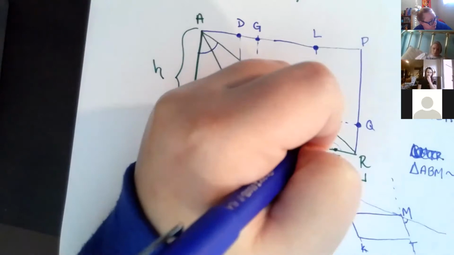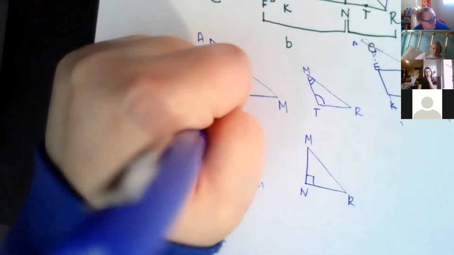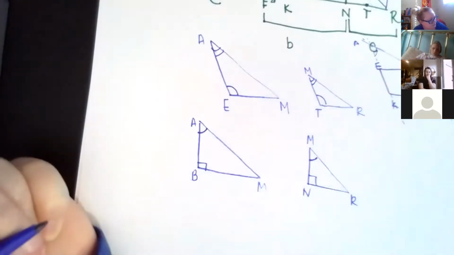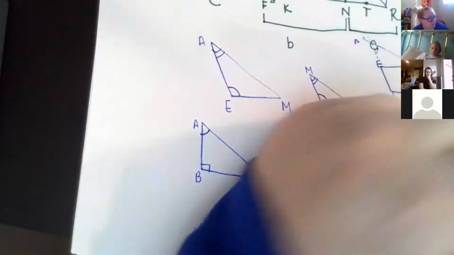And then this angle here. That's what we're trying to show, right? But isn't AC parallel to LN, so it'd be the same? Same thing, yeah. So then this would be by angle-angle.